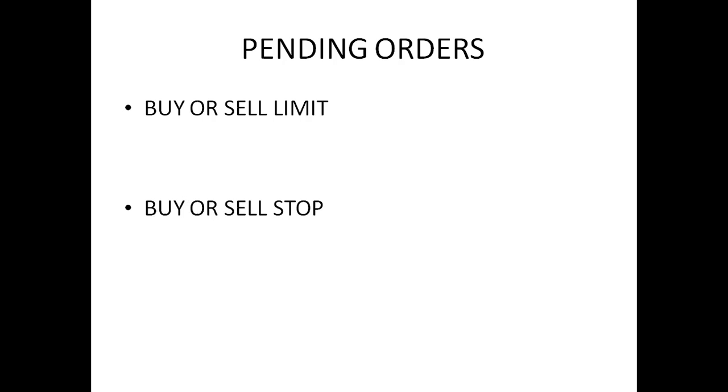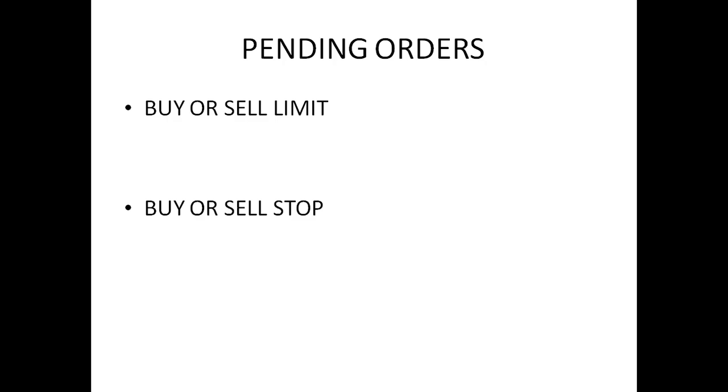So under pending orders, we all know what is meant by pending. It means you are putting the trade on hold until price gets to a certain level in the market before it will trigger your trade and take you live into the market.